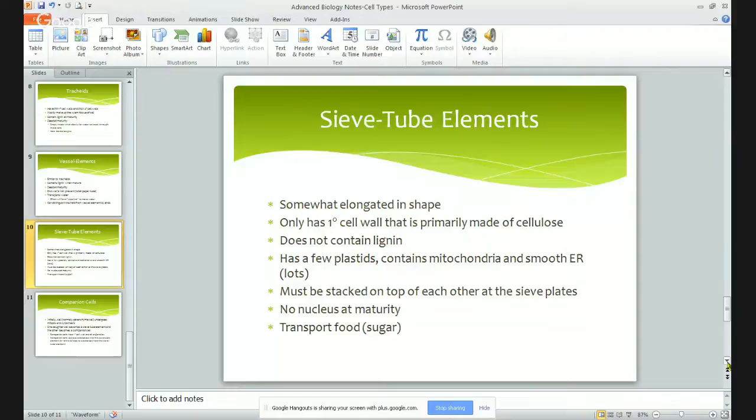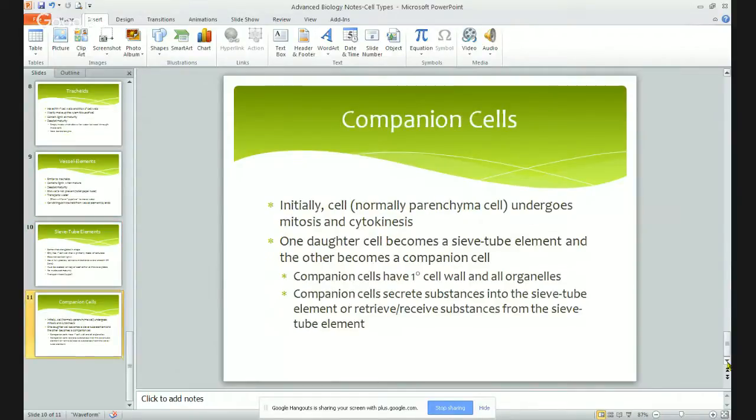Okay. Your companion cells are formed alongside your sieve tube elements. The last set of doodles will kind of help you with this one. Initially, your parenchyma cells are going to undergo mitosis and cytokinesis.